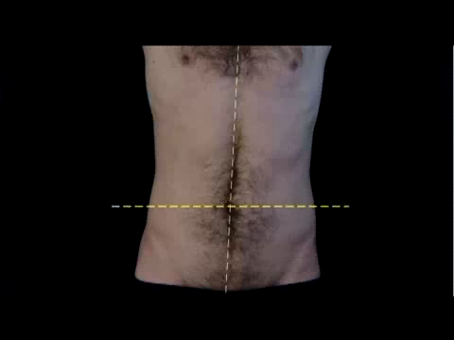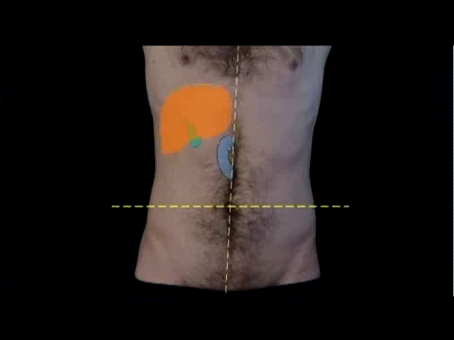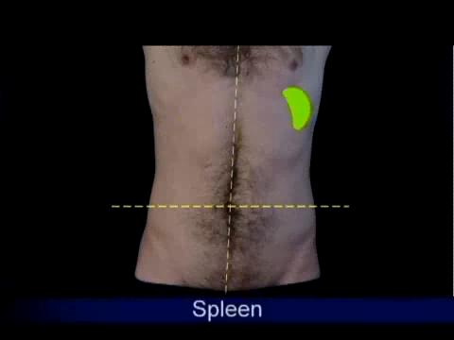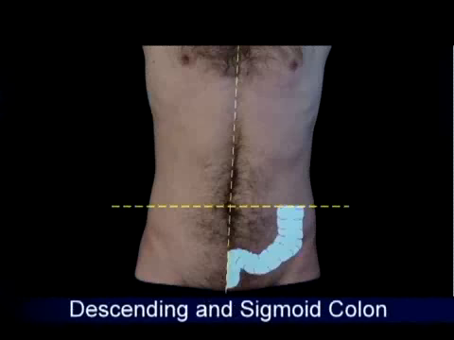In the right upper quadrant, there is liver, gallbladder, and duodenum. In the left upper quadrant, there is spleen. In the right lower quadrant, there is appendix and ileum. In the left lower quadrant, there is the descending and the sigmoid colon.